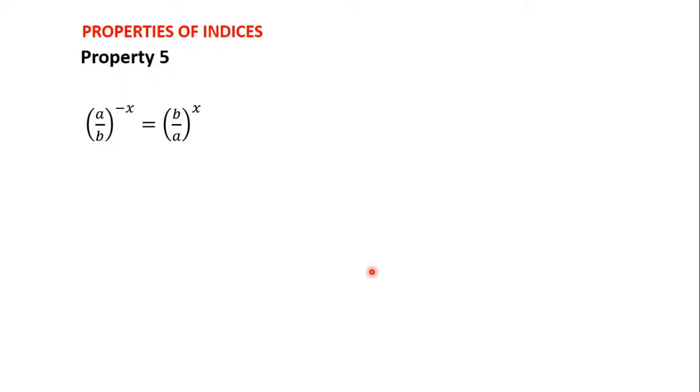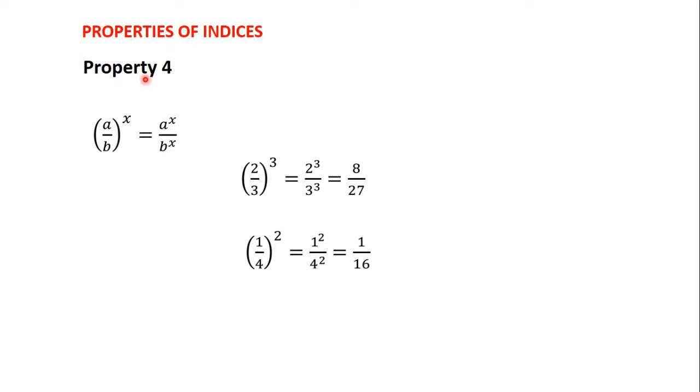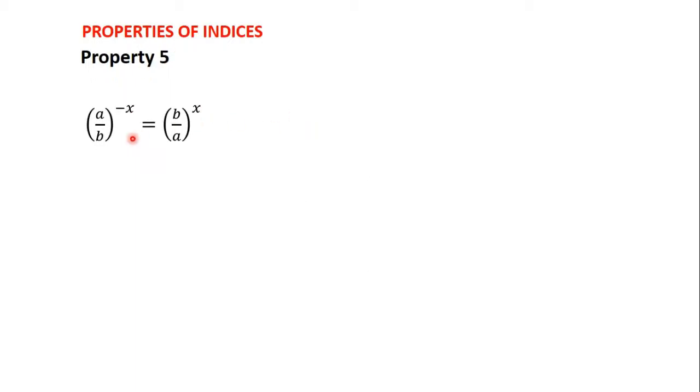Let's consider the 5th property. If you have a divided by b exponent minus x. So in the 4th property, we had a divided by b exponent x. In the 5th property, it is a divided by b exponent minus x.